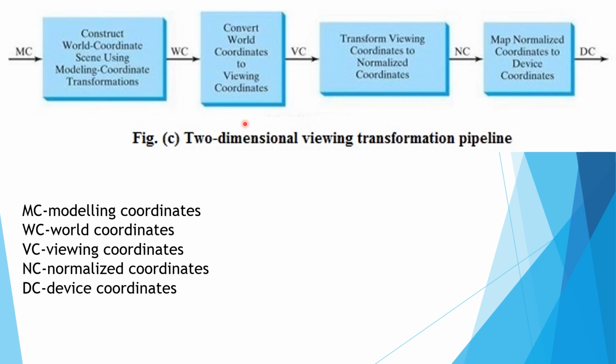Then we convert world coordinates to viewing coordinates, and then we transform viewing coordinates to normalized coordinates. Then we map these normalized coordinates to device coordinates, and hence we get here.